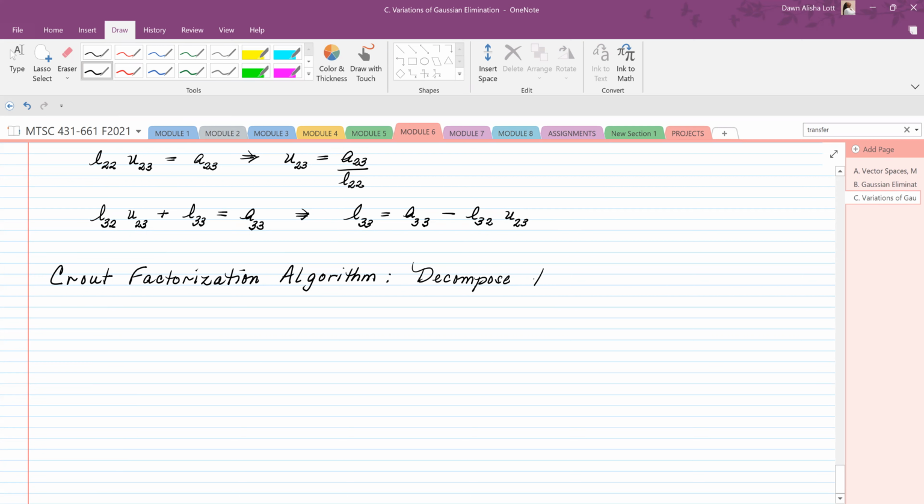tridiagonal A into LU. So at the first step, you have L11 is A11, and then U12 is equal to A12 divided by L11.